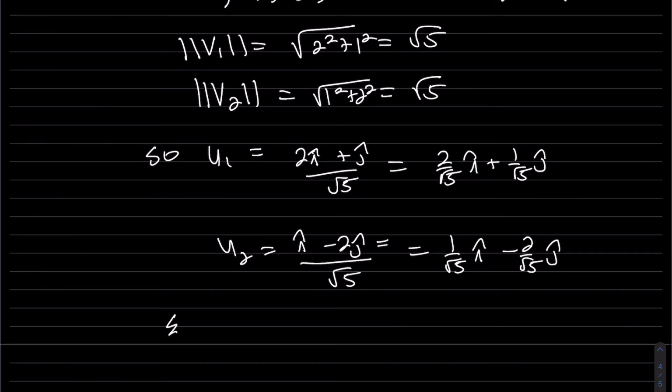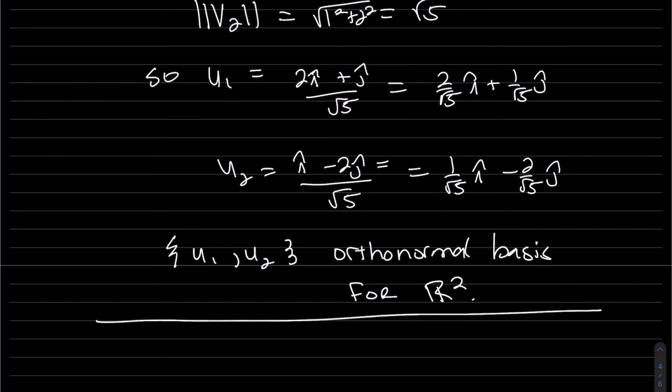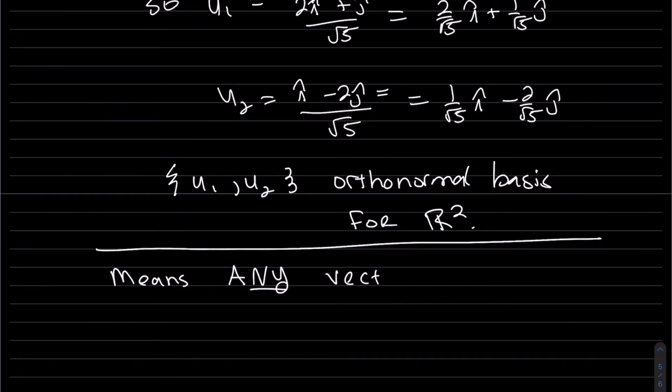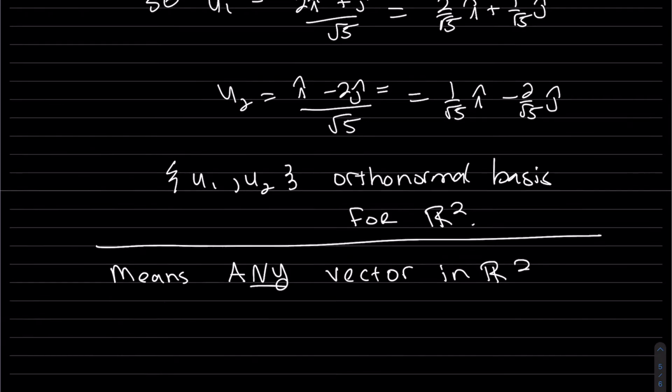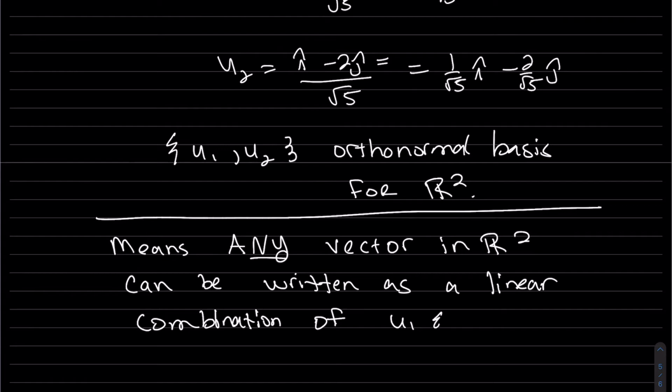So now U1, U2 is an orthonormal basis for R2. What does this mean? Any vector in R2 can be written as a linear combination of U1 and U2.